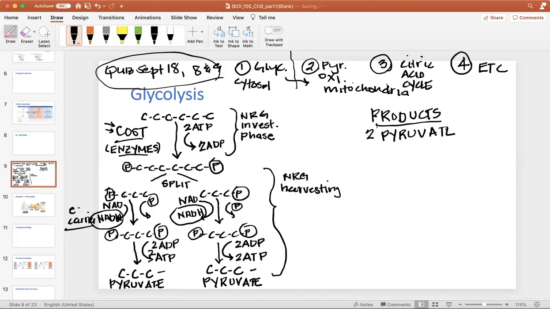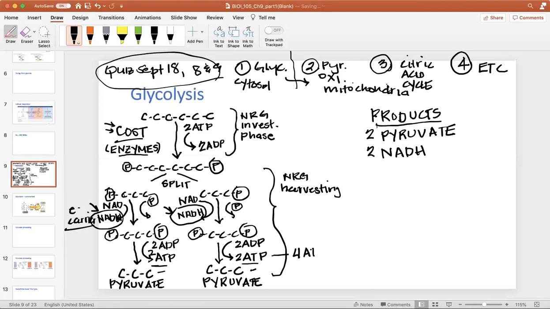So they're important. 2 pyruvate molecules. We also got 2 of these high energy electron carriers, NADH, okay? And then the last thing that we gained was some ATP. We made ATP here, and we made ATP here. So that's a total of 4 ATP, right?